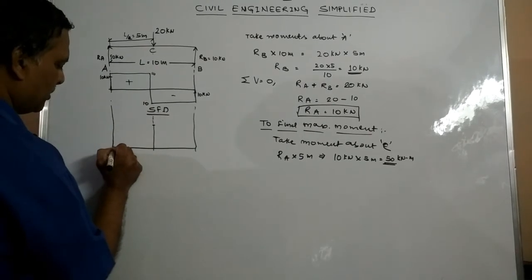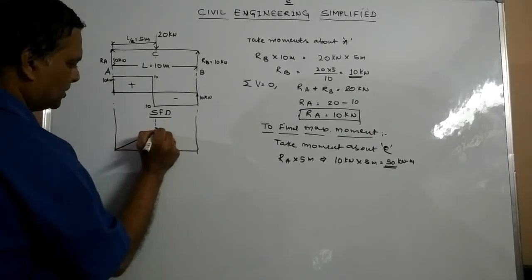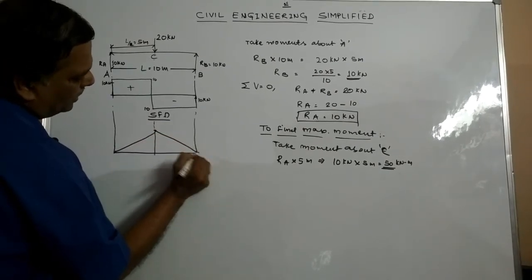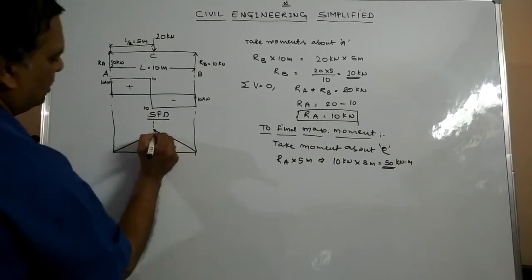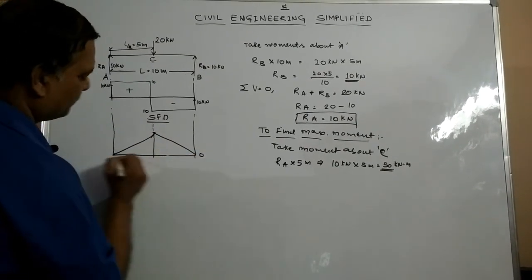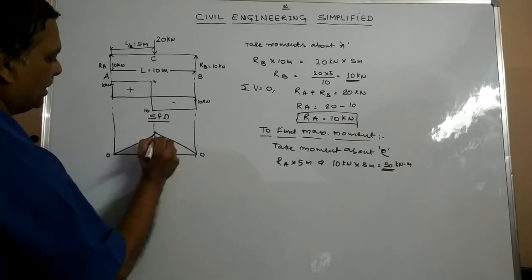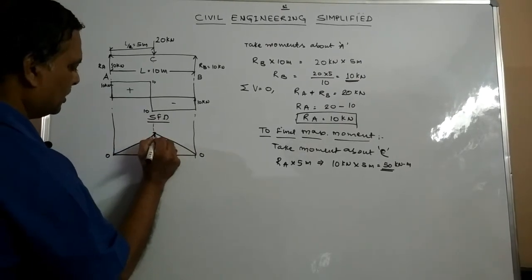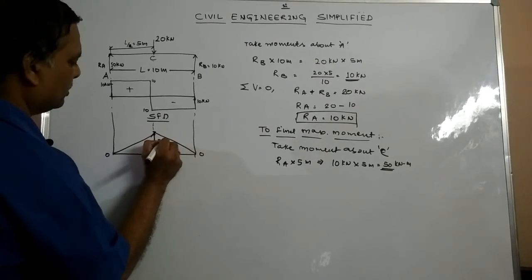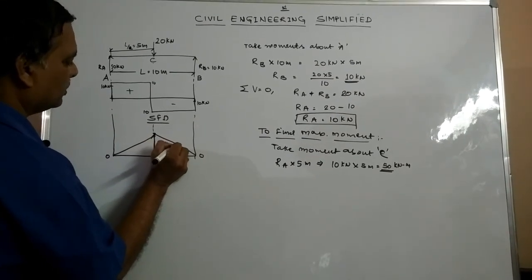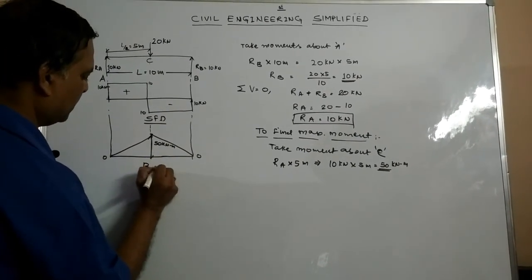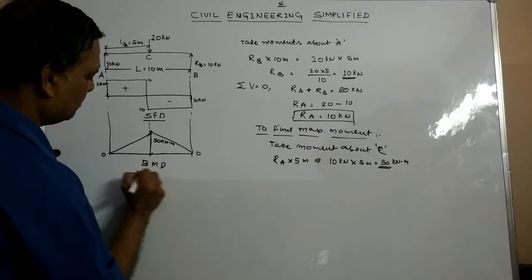Hence, the moment diagram is going to look like this, which varies linearly up to the midspan of the beam and then converges to the horizontal line at the ends. The moment here is zero at the ends, and this ordinate represents the maximum moment, which is equal to 50 kilonewton meter. So this we are calling the bending moment diagram.